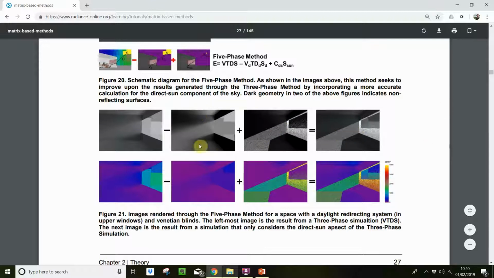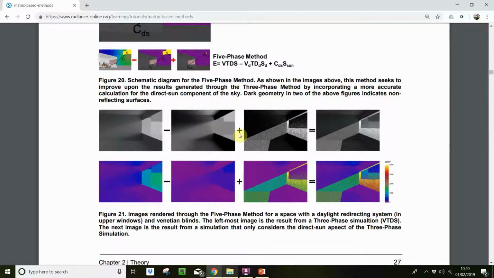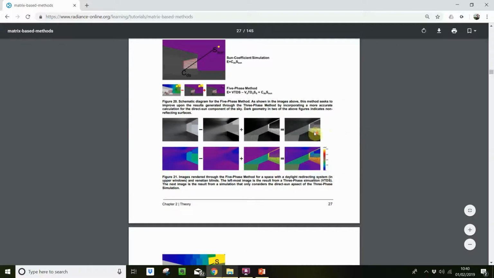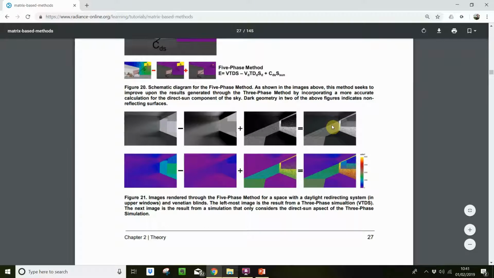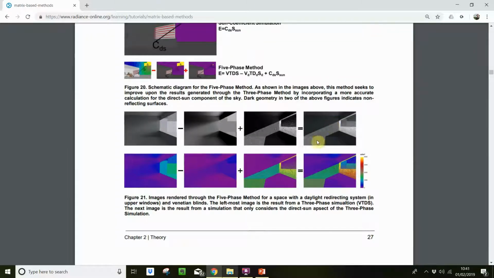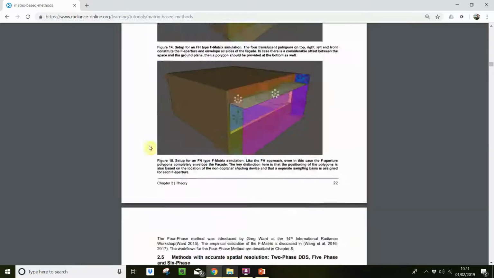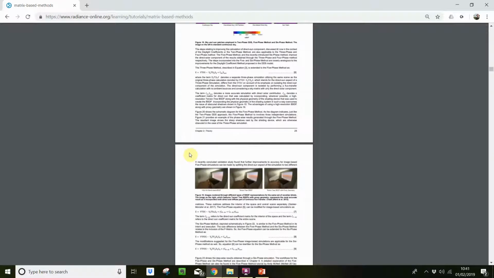Because you only did direct sunlight calcs, there was no interreflected light, so these are actually quite quick calculations. It's the indirect component that takes all the time. Then you can see the sharpness, and you can actually start to get high quality renderings for every hour of the year.